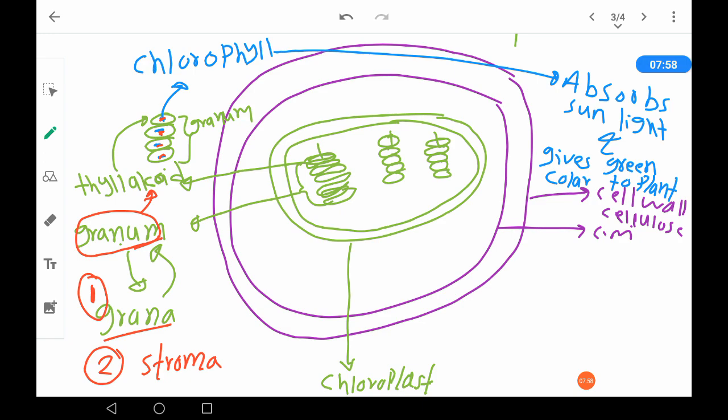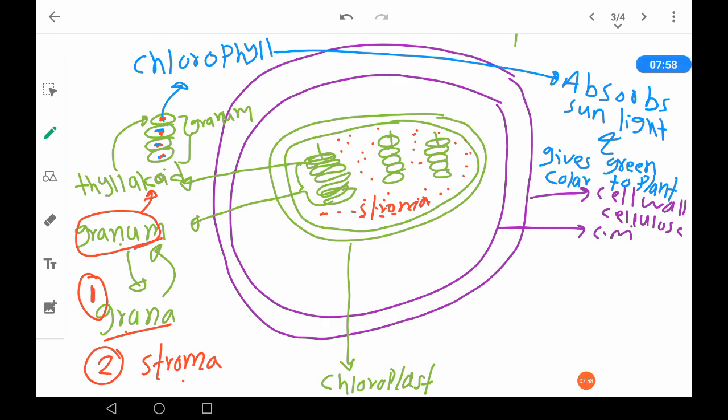Stroma is a liquid inside the chloroplast, the liquid portion of the chloroplast. So chloroplast is made up of grana and stroma, which are the two main parts in which the process of photosynthesis takes place inside it.